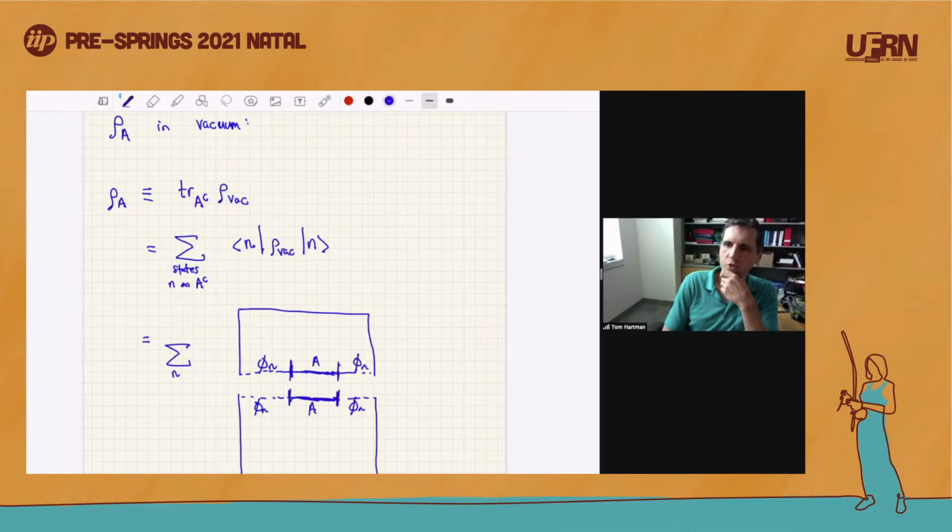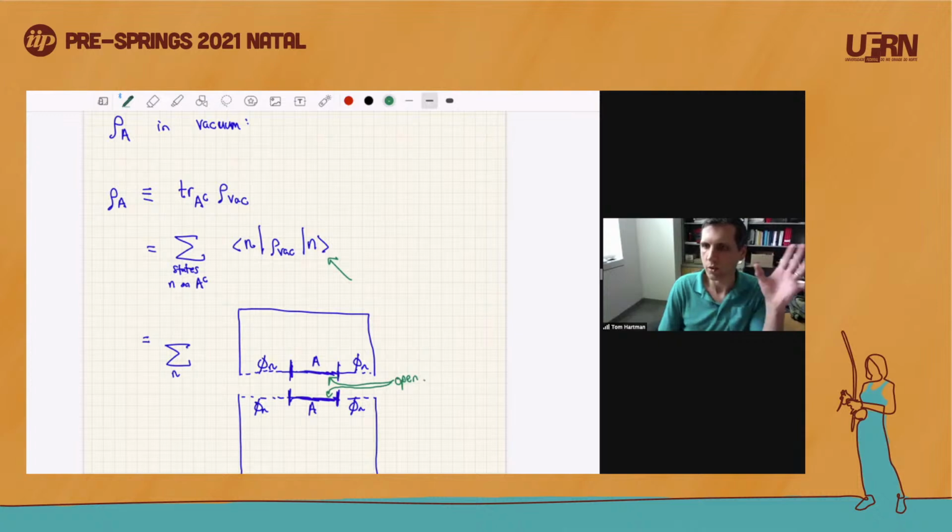So what I've drawn is a path integral representation of this expression here, where now the boundary conditions on region A are open, unspecified.